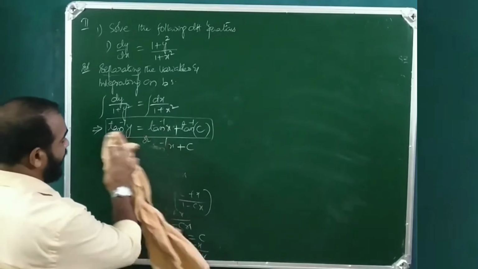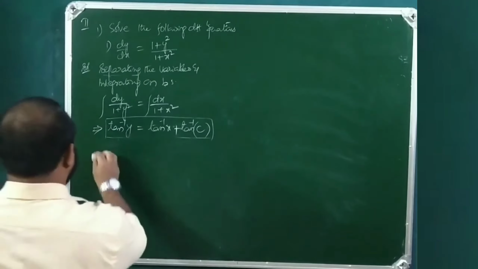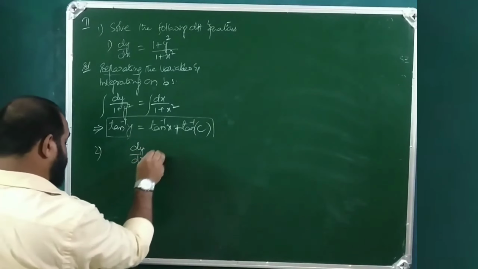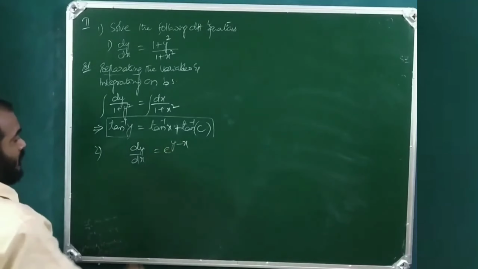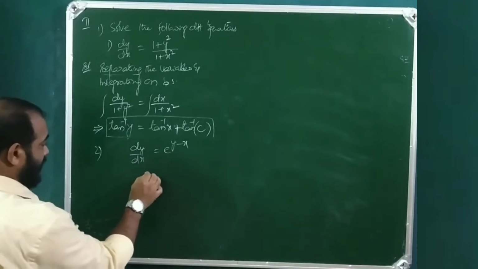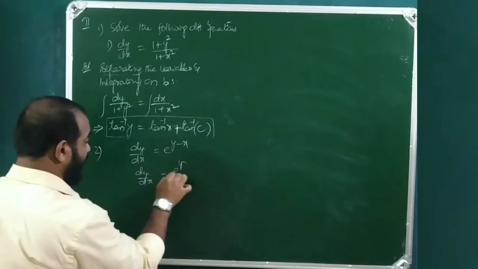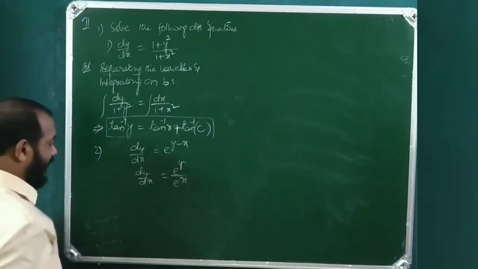Let us move on to the next question, that is e power dy by dx equals e power y minus x. This can be written as e power y by e power x, because a power m minus n is a power m by a power n.